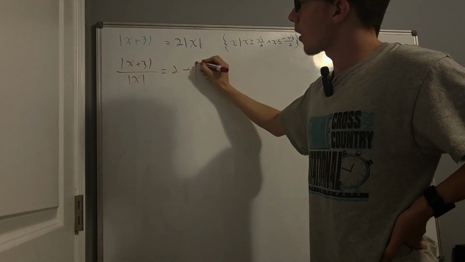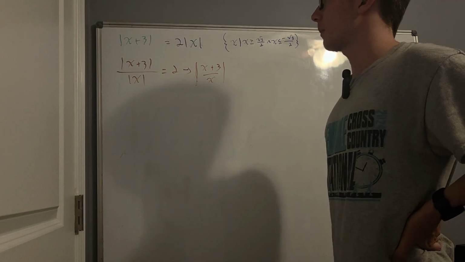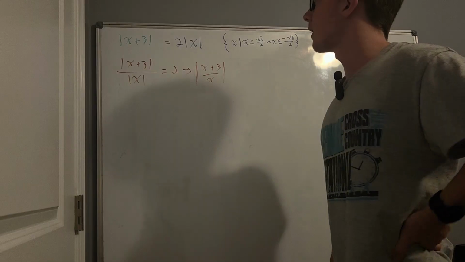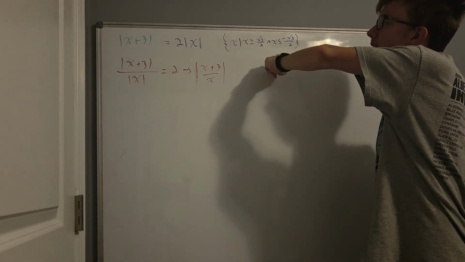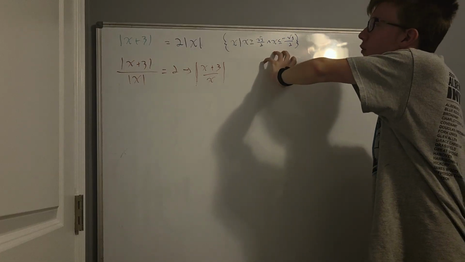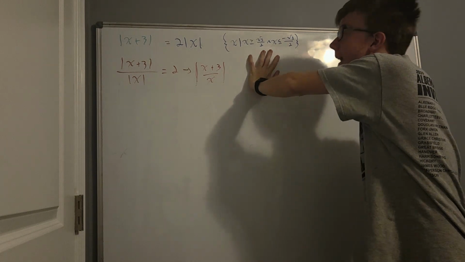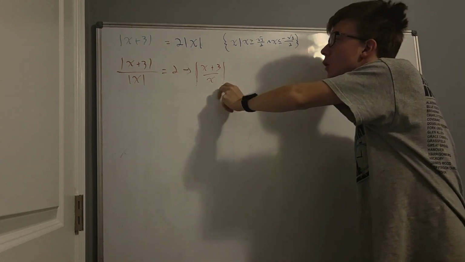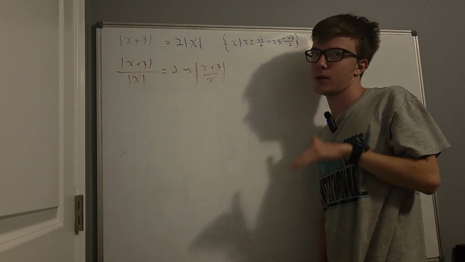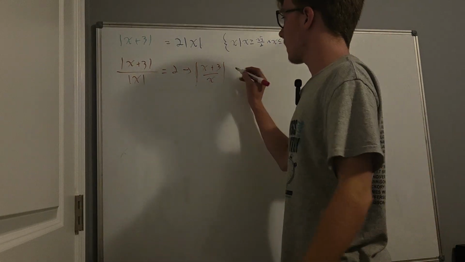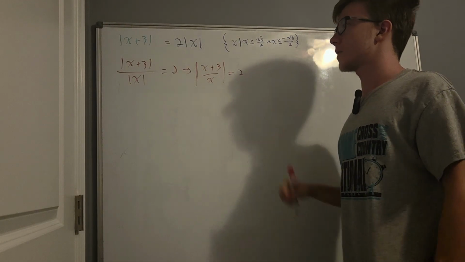This does not always work, but we know it does work because, one, it can't be undefined, but also x cannot equal 0. And we know that because 0 is not included in the solutions. We have a restriction on the domain right here that x cannot be equal to 0. So we know we can do this because if you think about it, you plug in 0 to x, you end up with 3 over 0, which is a big no-no.